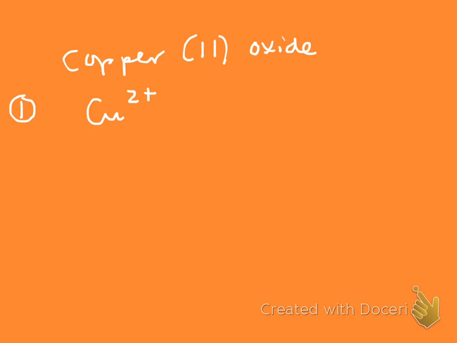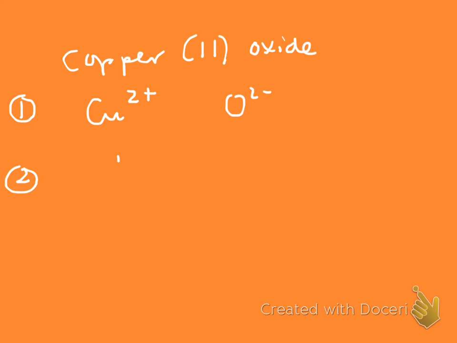So let's do a couple of others. Let's say I give you copper 2 oxide. Okay, first step, writing your ions. What's a copper 2 ion? Cu2 plus. What's the oxide ion? O2 minus.